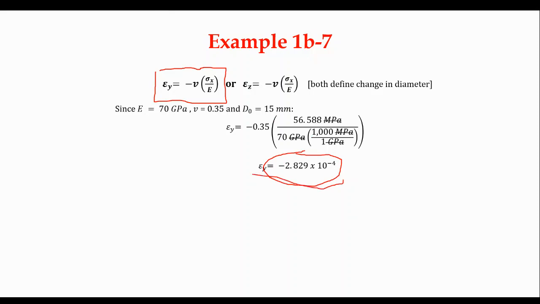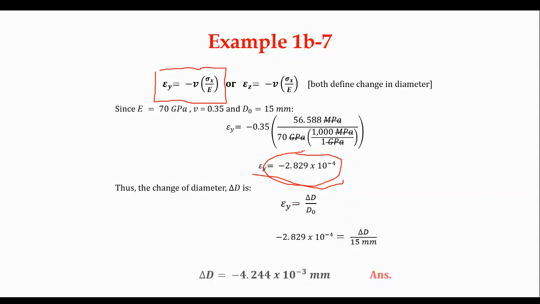Pero dili pa gyud ni ang answer kasi ang pangutana is the change in diameter. Take note guys, basta strain gani, di ba ang original thought, the deformation over original dimension? In this case, the deformation is the change in diameter and the original dimension is the initial diameter.